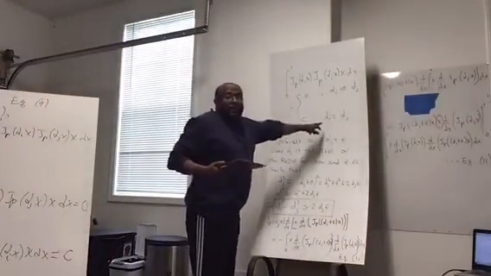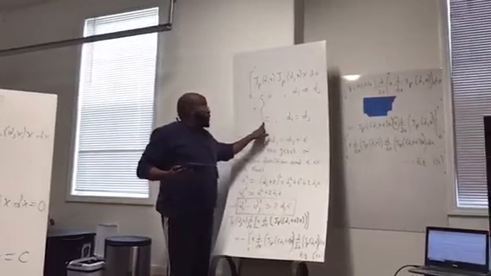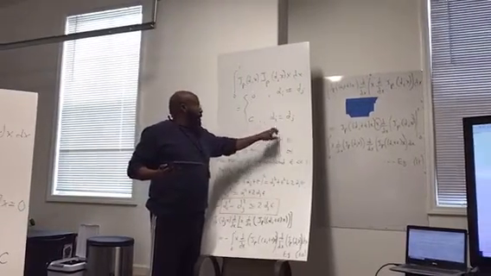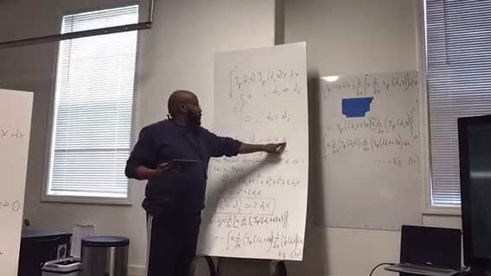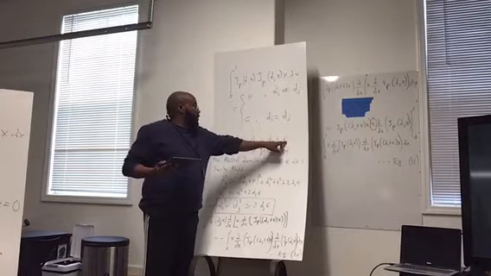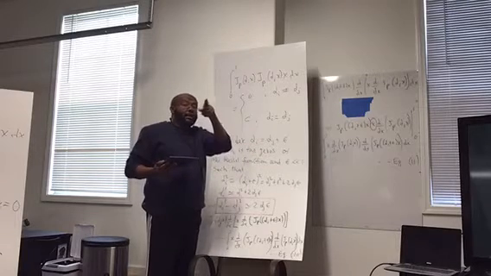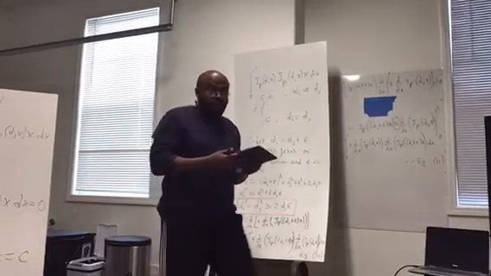In order to find that, I have to let epsilon go to 0. So in the limit epsilon goes to 0, what's going to be the result of the expression that we found over there? Let's go back there.